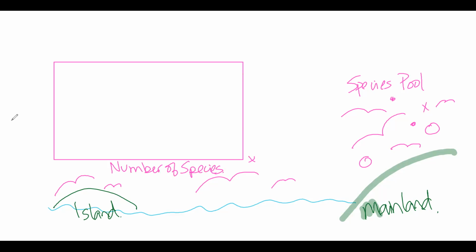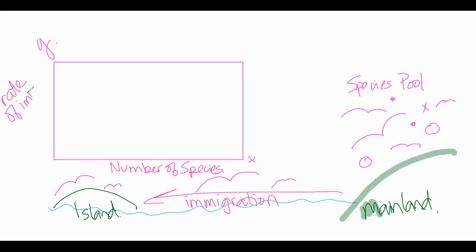So that's going to be, this process of moving from the mainland to the island is immigration. So the y-axis is going to be the rate of immigration. And that rate is going to be the number of species per time period.